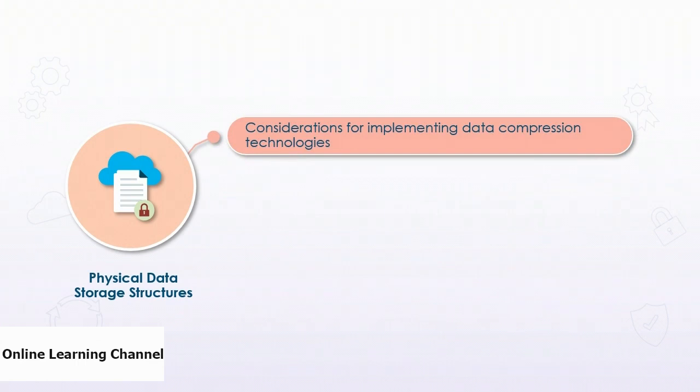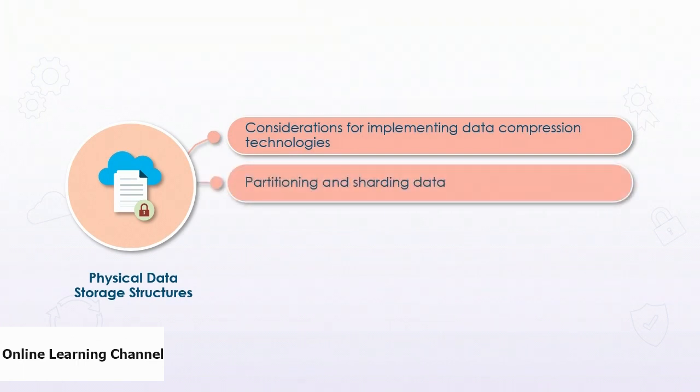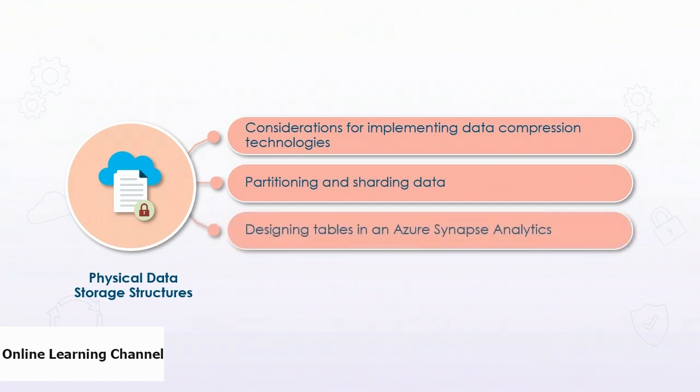So in this course, we've examined how to plan and implement an efficient physical data storage structure. We did this by exploring considerations for implementing data compression technologies, partitioning and sharding data, designing tables in Azure Synapse Analytics.